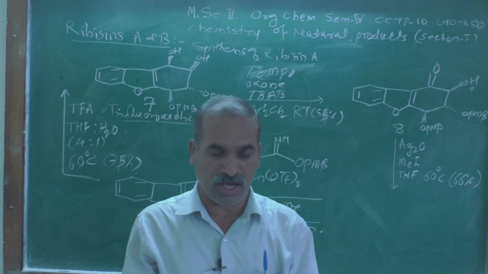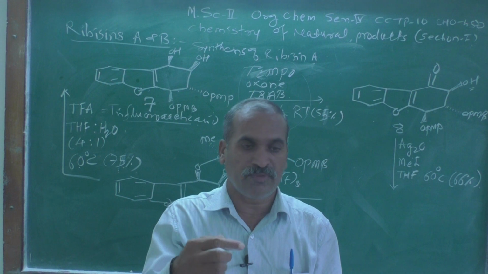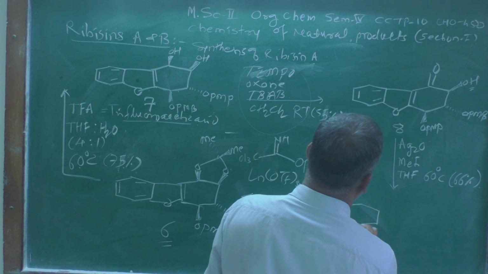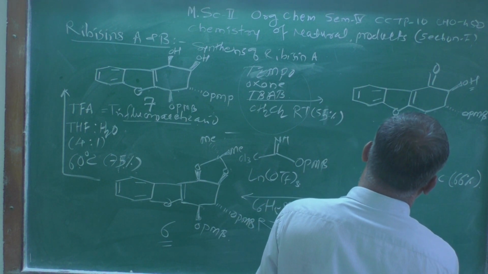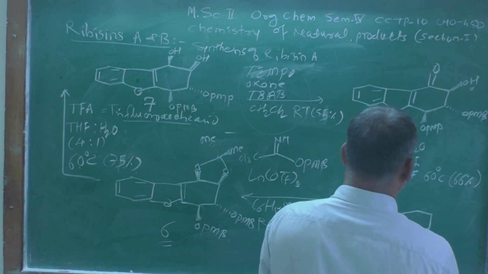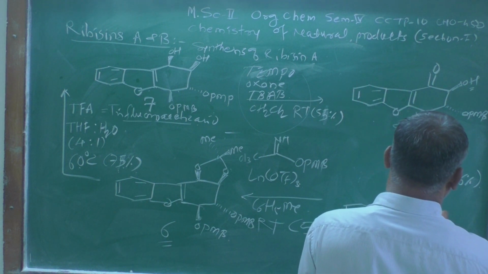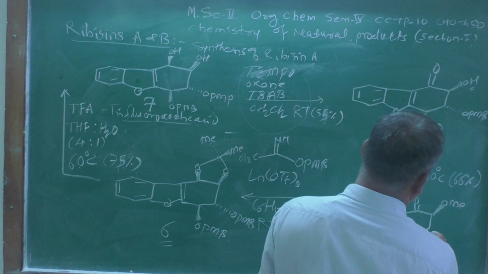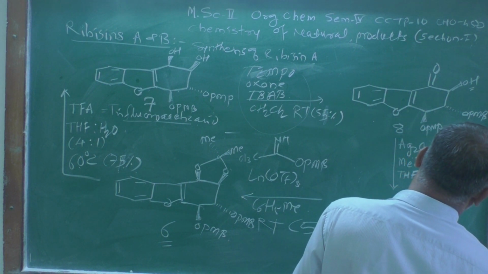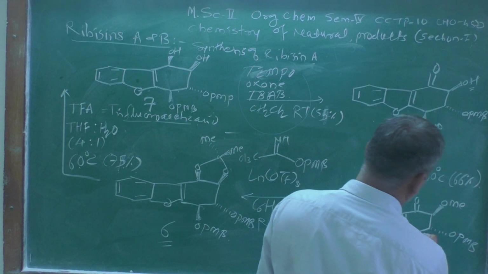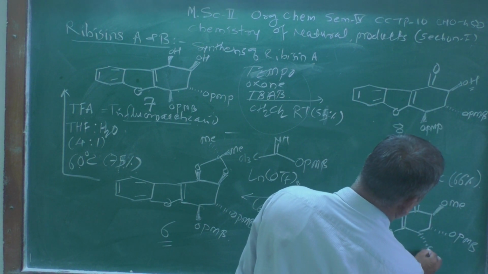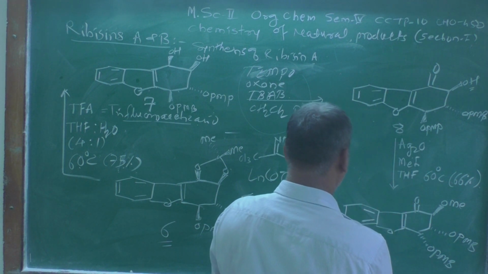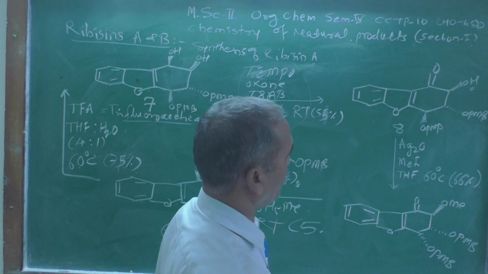So negative charge develops on that oxygen atom, and suitably we get this type of compound here: C double bond O, here O methyl group over here, and this is the group OPMB, and here also OPMB, that remains as it is, and the other part of the organic compound remains as it is.